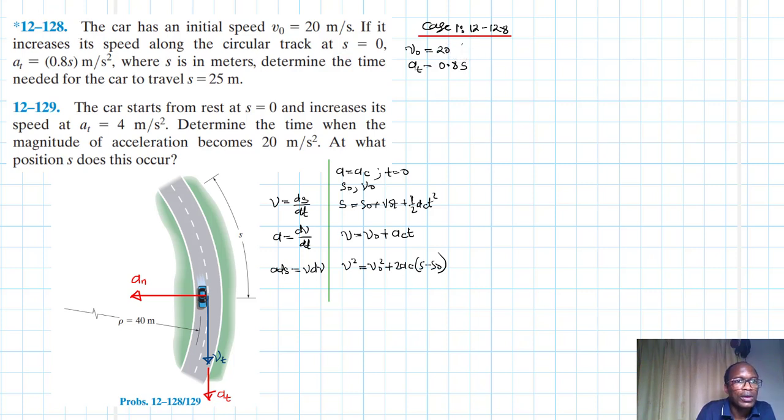We also have s equal to 25 meters, and of course our s naught is equal to 0.